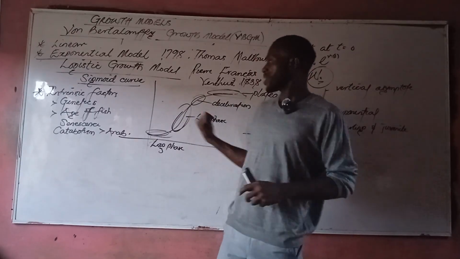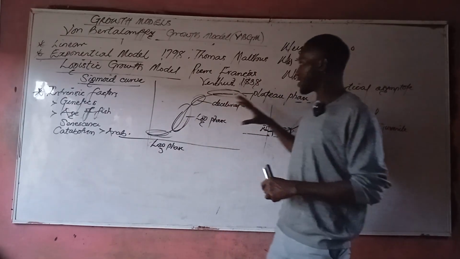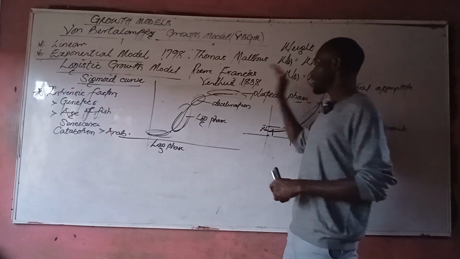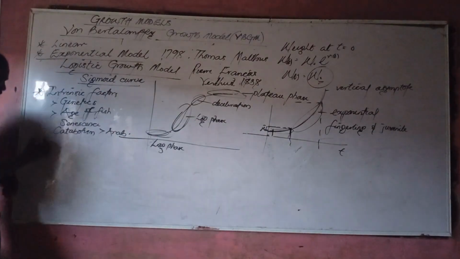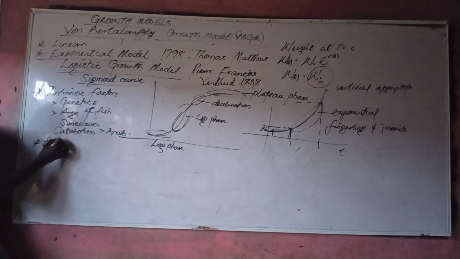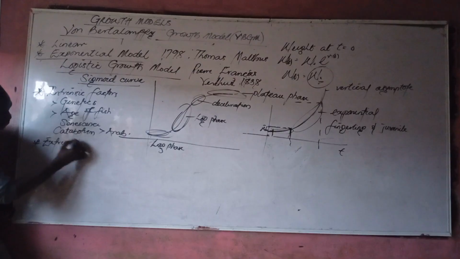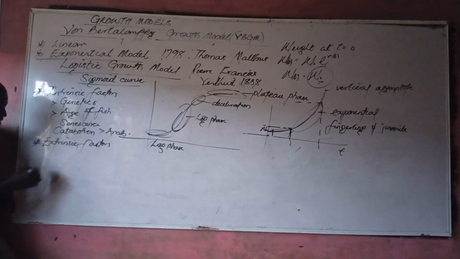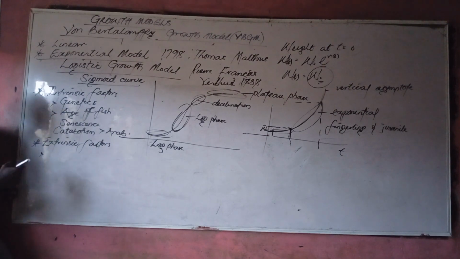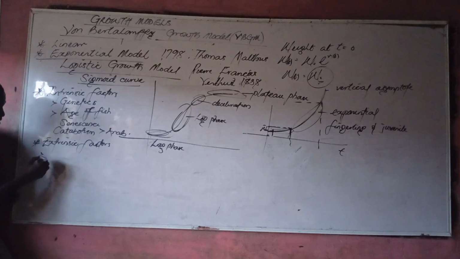But it is logical. It's a logical model because it tells us that other factors tend to limit the rate of its growth. All right. Some extrinsic factors include the ones that the breeder can control. They include things like feed.